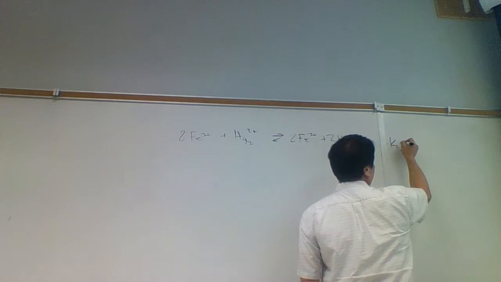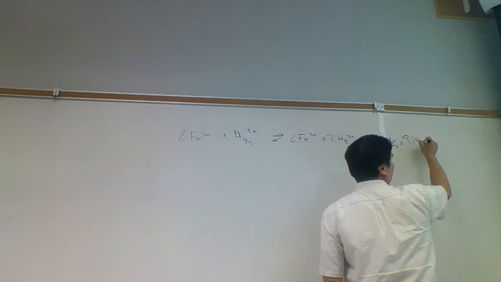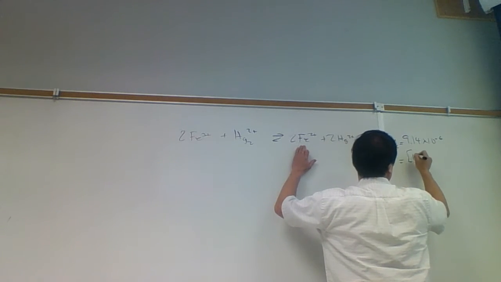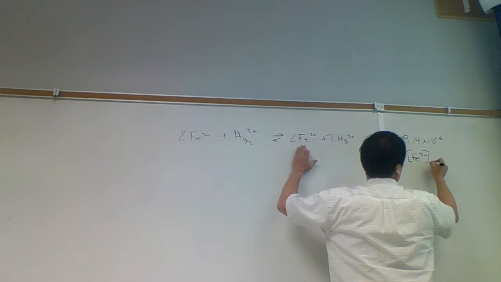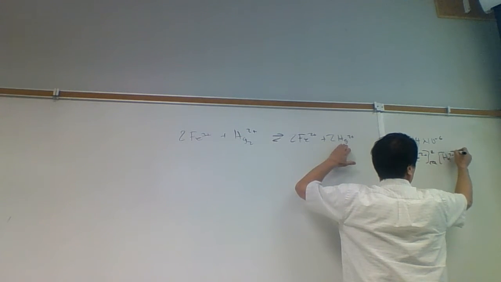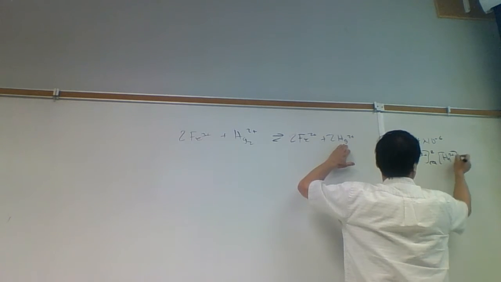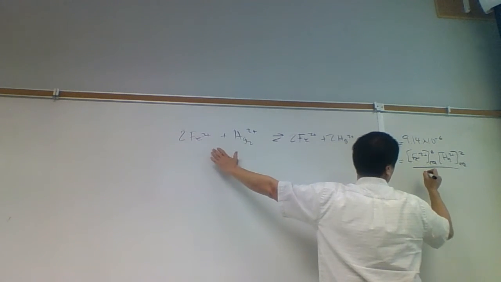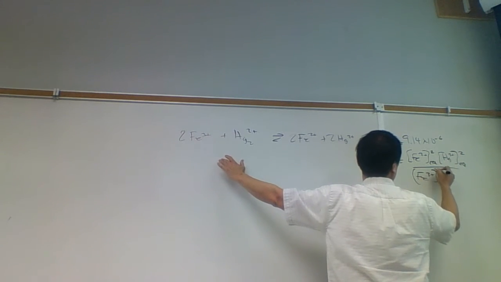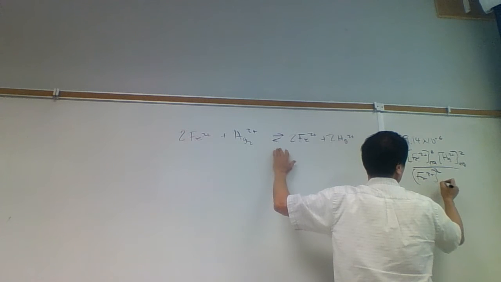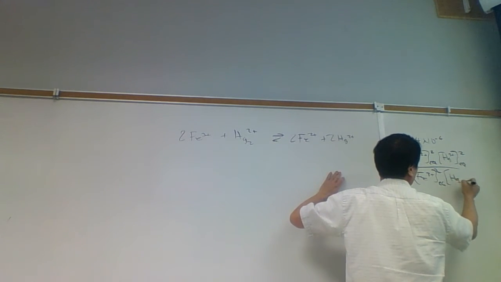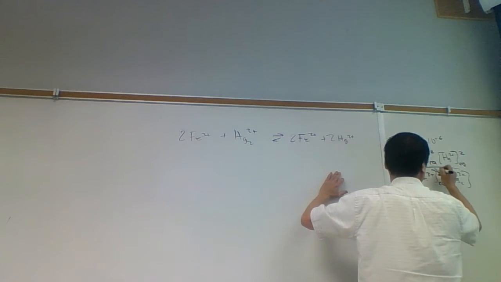The Kc value is given. The Kc is 9.14 times 10 to the minus 6. This is going to equal the Fe2+ at equilibrium squared times the Hg2+ at equilibrium squared, divided by the Fe3+ at equilibrium squared, divided by the mercury 1 ion concentration.